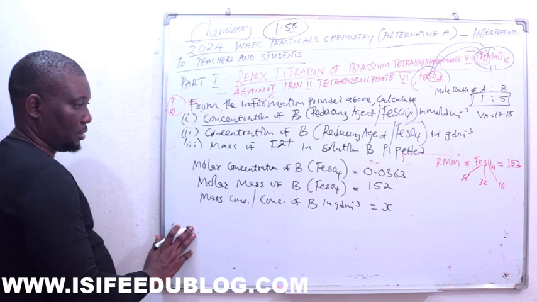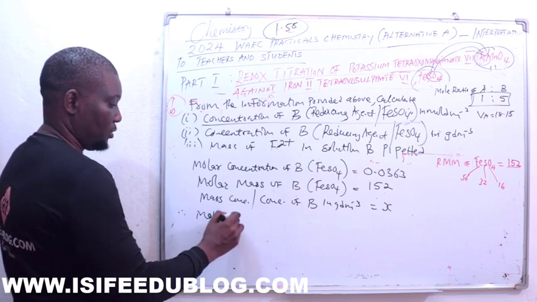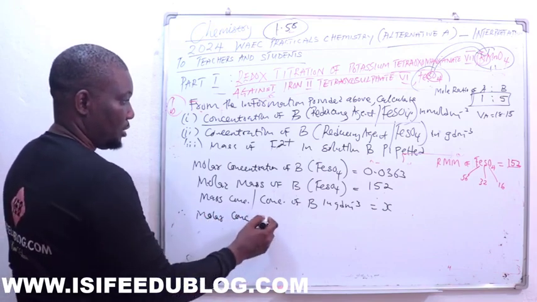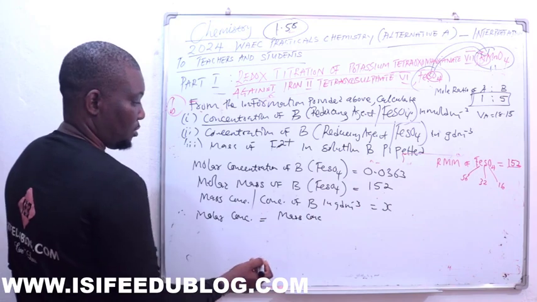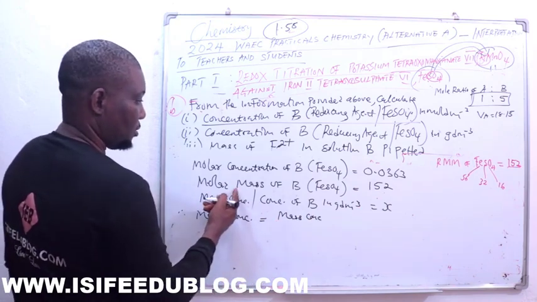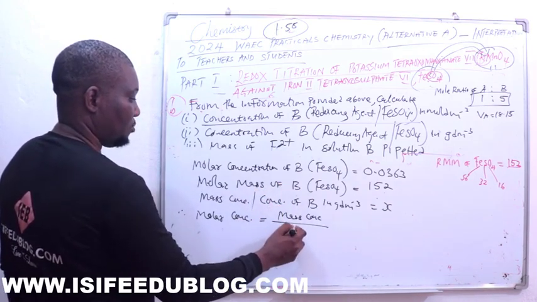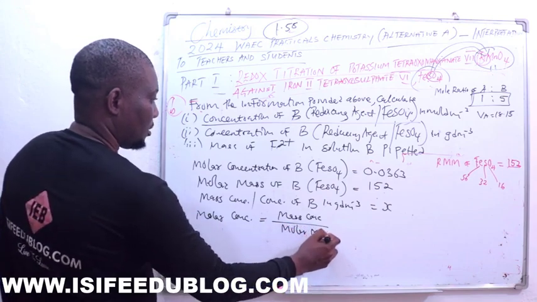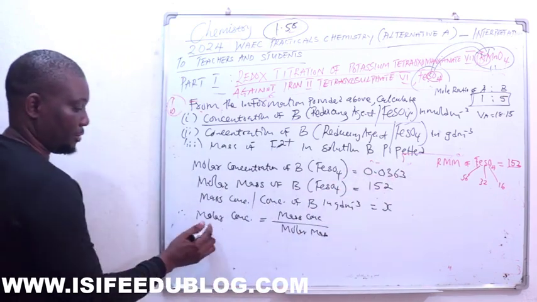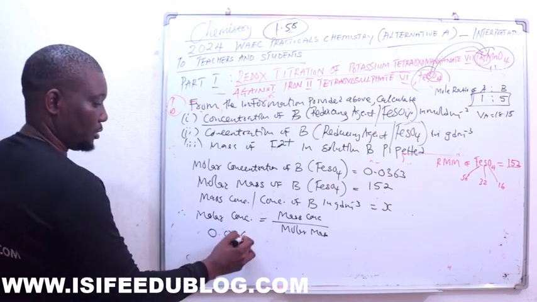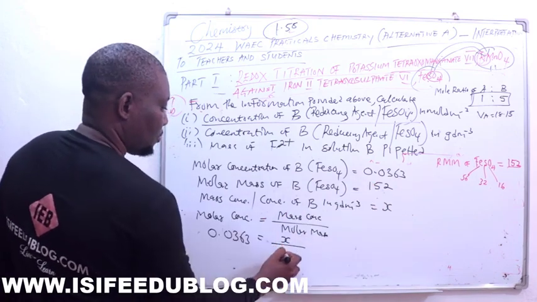With this we now state, therefore, that molar concentration, let me use molar conc, equals mass conc over molar mass. So we plug these values in and substitute. 0.0363 equals X over the molar mass, 152.